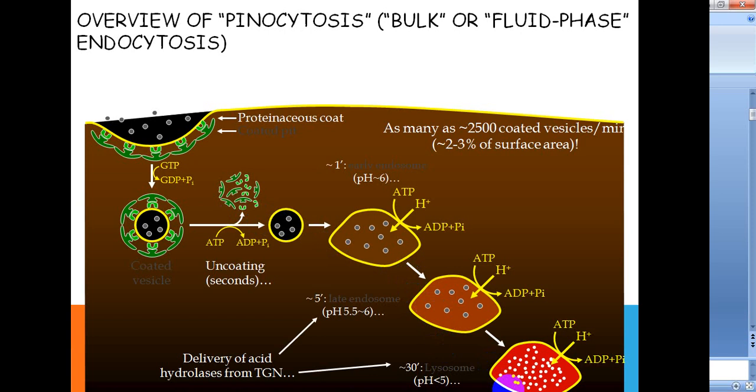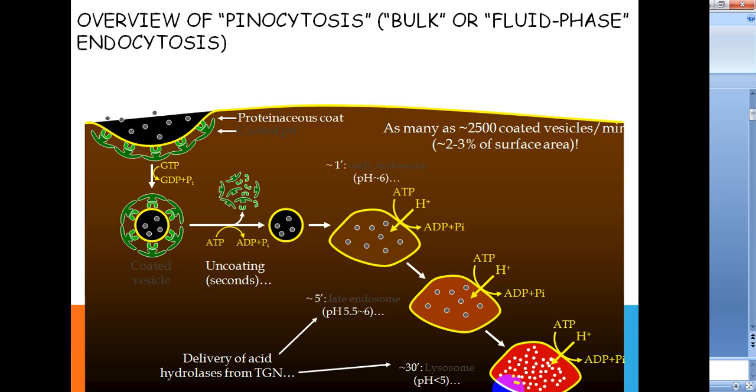See, there are two terms here, one is early endosome, another one is late endosome. It is because the early endosomes are formed within 1 minute of the endocytosis, and here the pH is around 6, but in case of the late endosome the pH is around 5.5 to 6, and these are observed after 5 minutes.